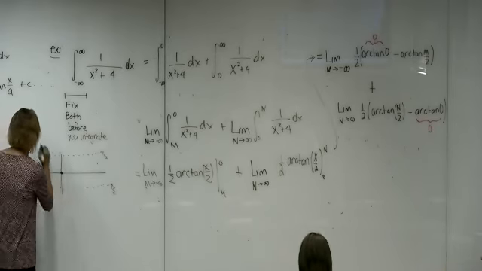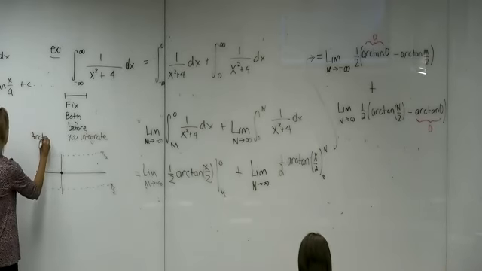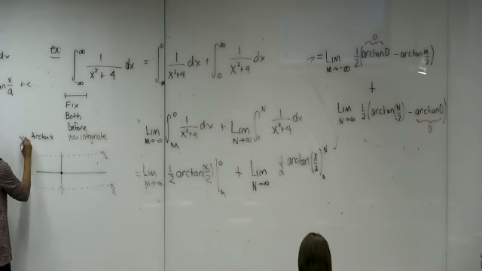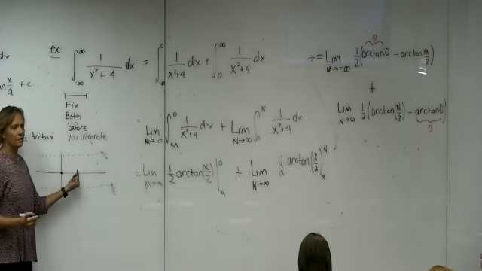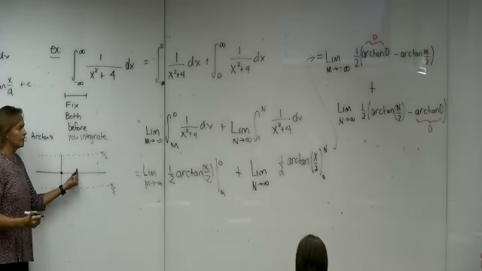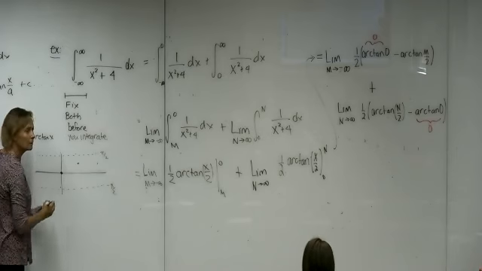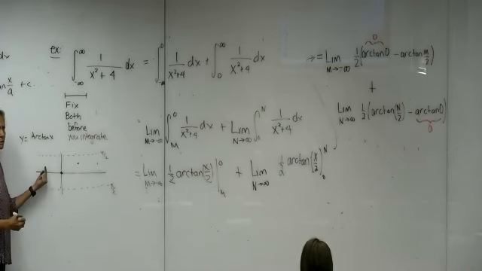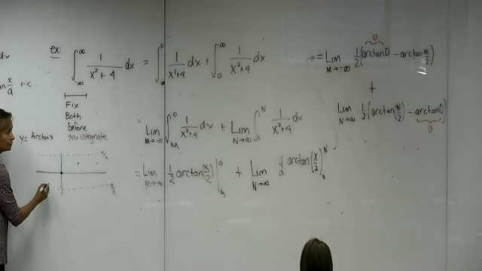What's the inverse tangent of, say, 1? What's the arctangent of 1? It's pi over 4. What's the arctangent of negative 1? Negative pi over 4. So fake the rest of the graph.